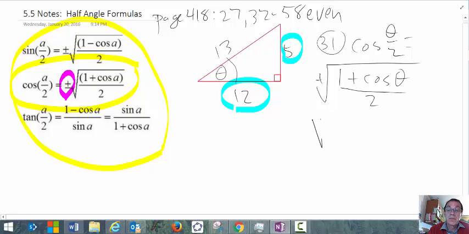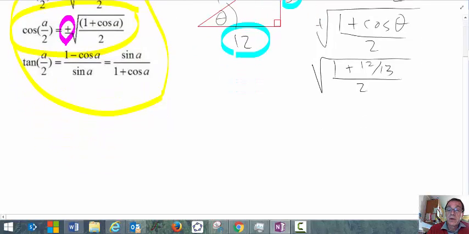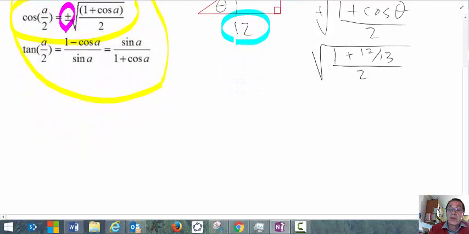So we're going to put the square root of 1 plus 12/13 over 2. Now this is going to take some algebraic manipulation. So let's rewrite this as 13/13.